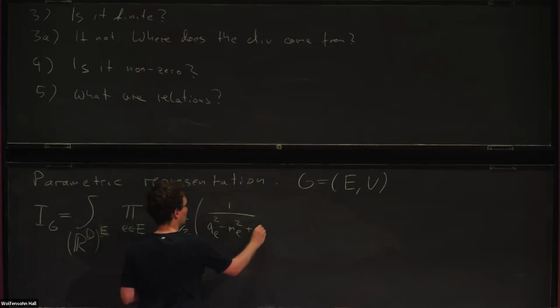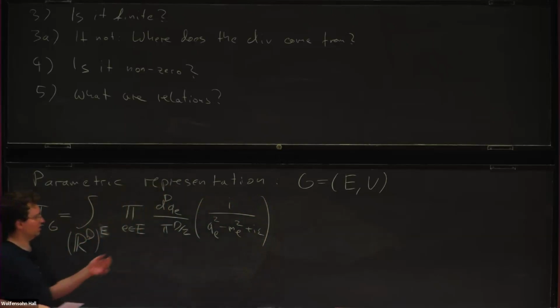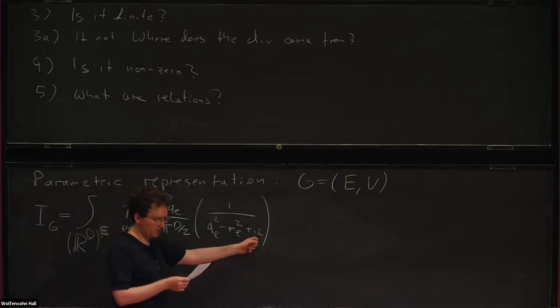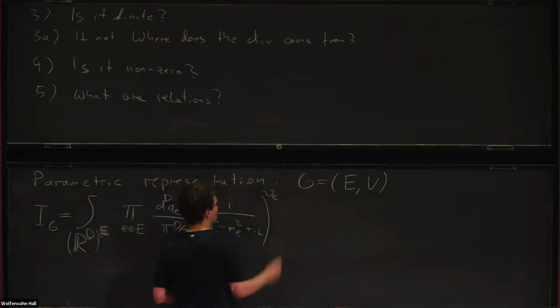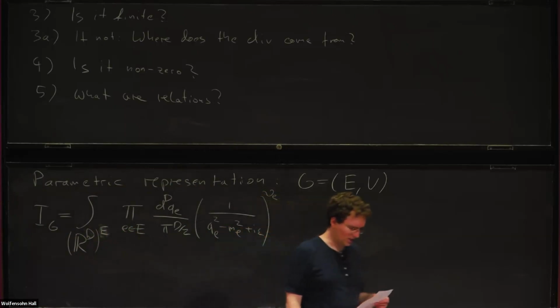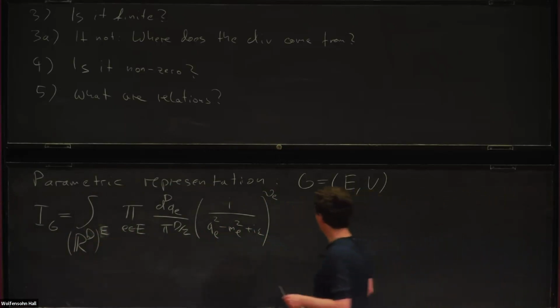which is usually, at least in Minkowski space, written with this causal i epsilon prescription. Then it's convenient to also give these propagators an arbitrary power, an edge weight called nu_e.